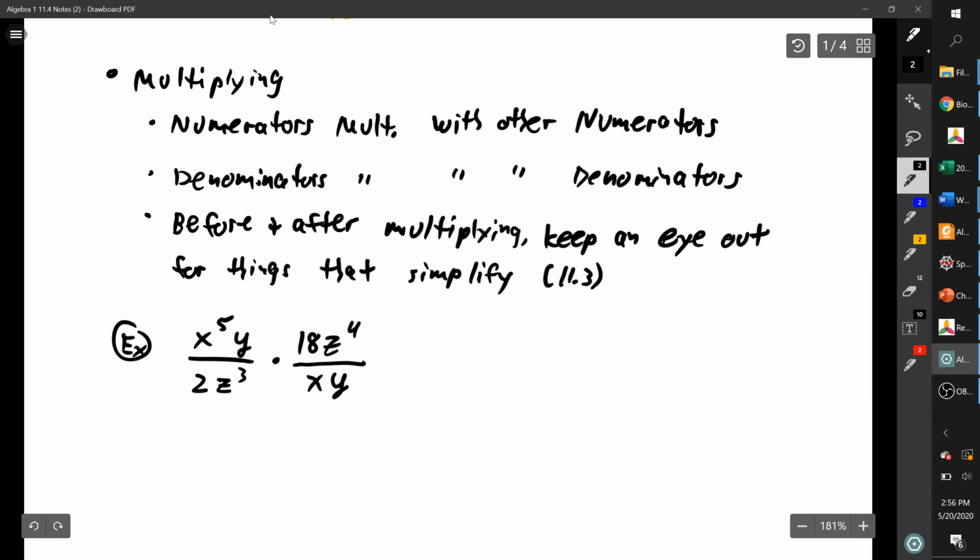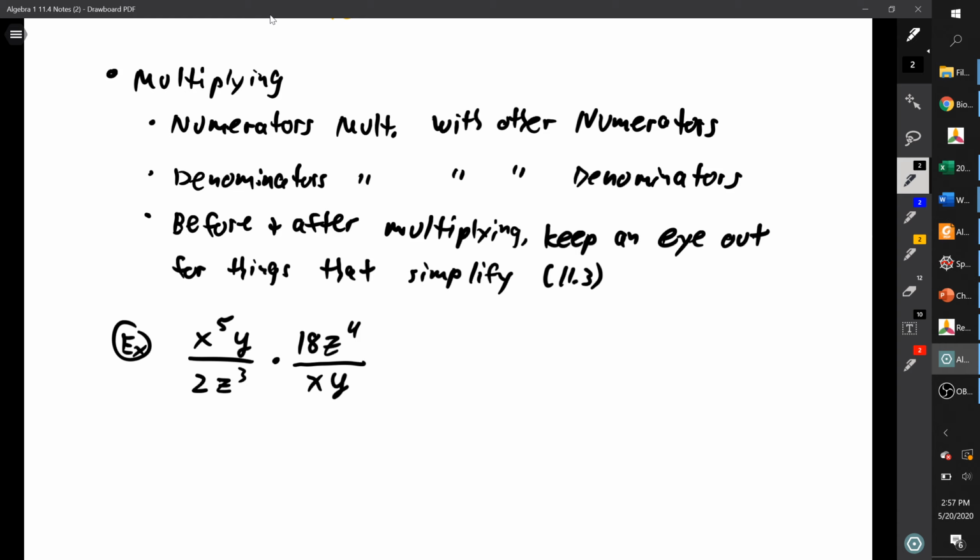You can simplify before or after, because this is x to the 5th times y times 18 times z to the 4th on top, and on the bottom 2 times z cubed times x times y. It's all just multiplication, so it doesn't matter which fraction the pieces are in. It's all being multiplied anyway, so you can simplify before or after.